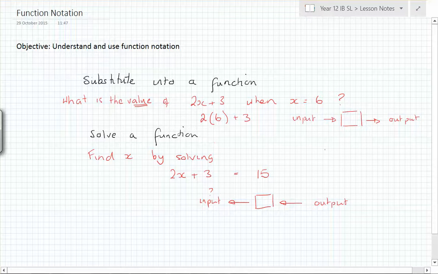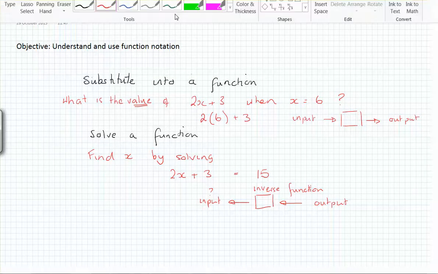Now, if I do it this way, I put it into a function. If I'm doing it this way, basically I am doing the inverse function, which we will also have to look at. Now, when doing those two things, there's an awful lot of stuff involved.